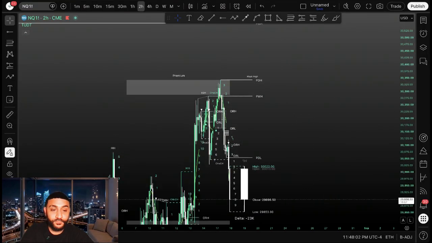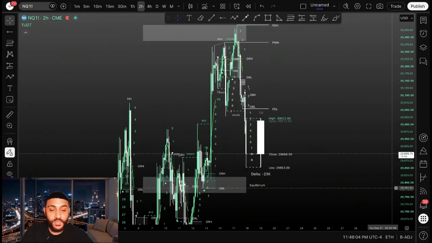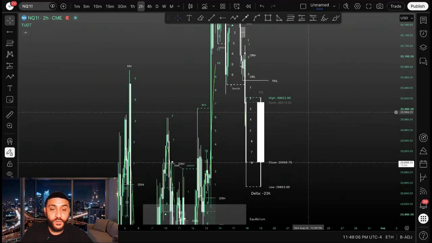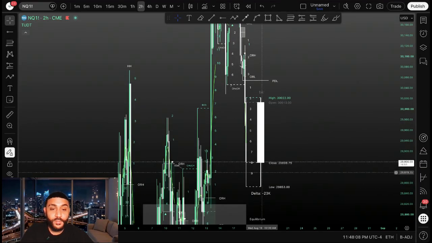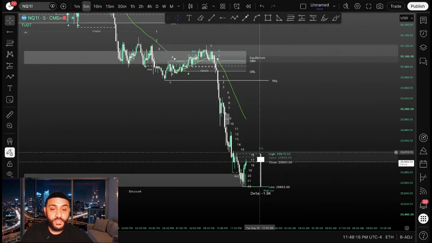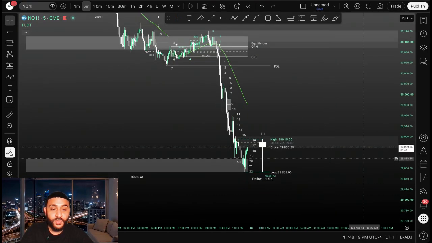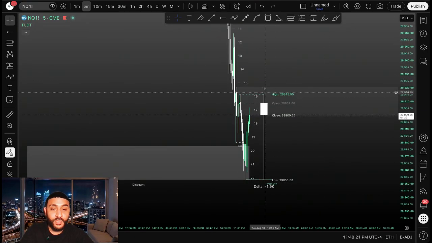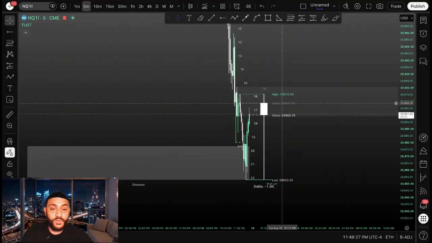Now, to go back to this HTF PO3 candle, which is this candle right here, it's going to mark your hourly. I have it set to the hourly, right? So no matter what chart or what time frame I'm on, it's going to show me an hourly time frame candle on the chart. Pretty much what it's doing is showing me the open of the candle, the current close of the candle, the high and its low.